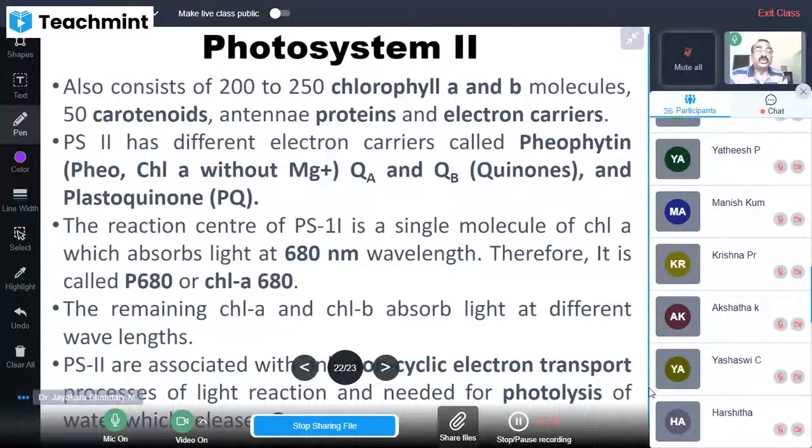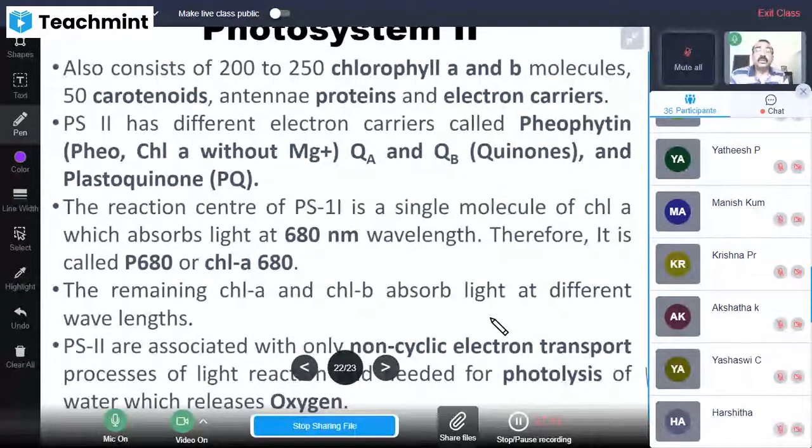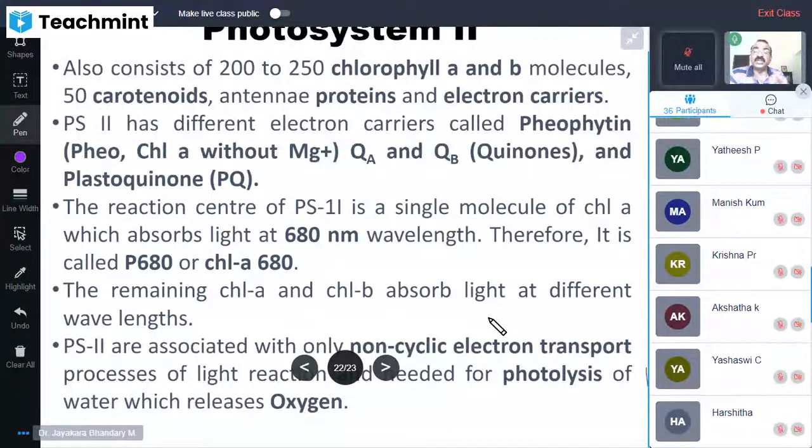Now, PS2 molecules are associated with only non-cyclic electron transport. See, PS1 is required for both, that is cyclic and non-cyclic, whereas PS2 is involved only in the non-cyclic electron process of light reaction and needed for photolysis of water, which releases oxygen.